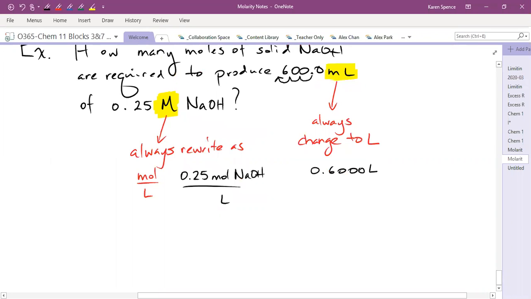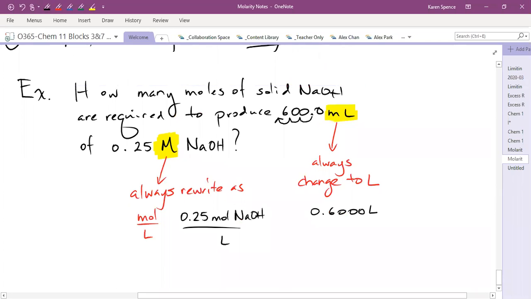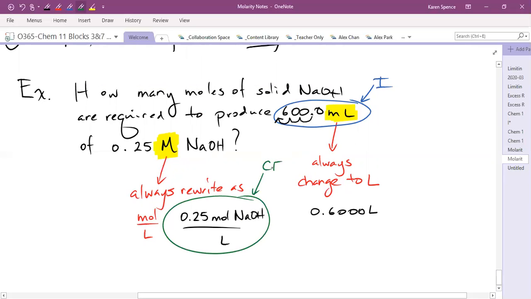So going back to our question, our initial quantity is the 600 milliliters. That's what we are given. The moles per liter is our conversion factor. So remember, molarity is a conversion factor.